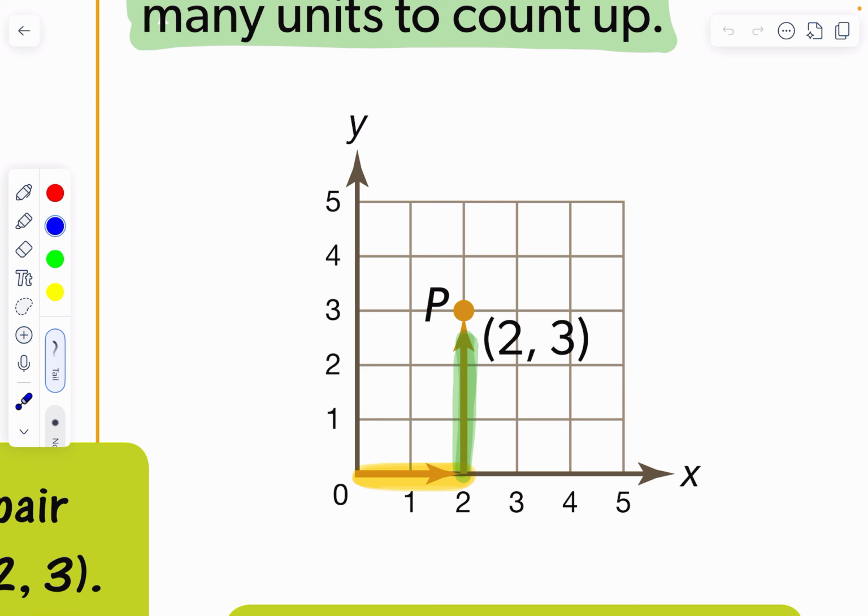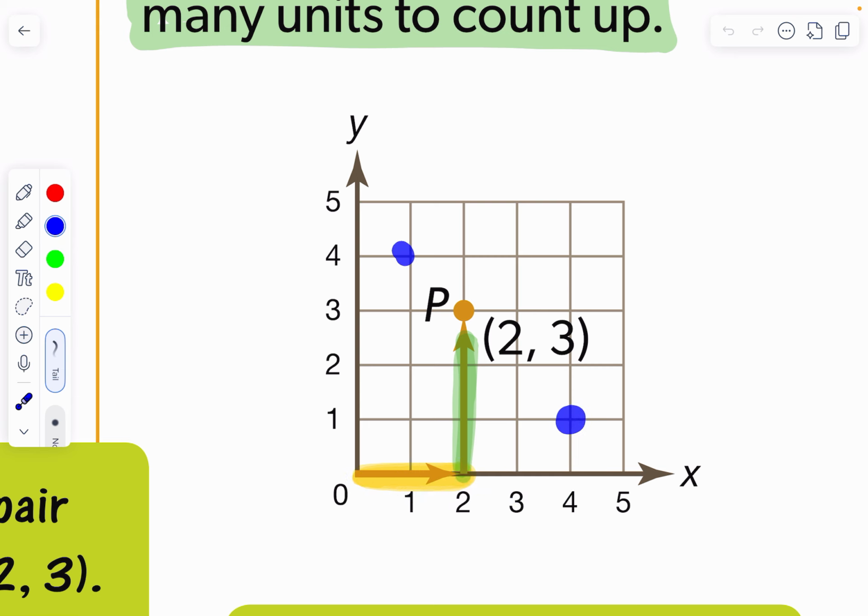Students should be able to identify that when they plot 1, 4, starting at your origin, 1 space to the right, 4 up, 1, 4 is right here. Now, if I wanted to plot 4, 1, that would mean I need to move 4 to the right and 1 up. That would be right here.